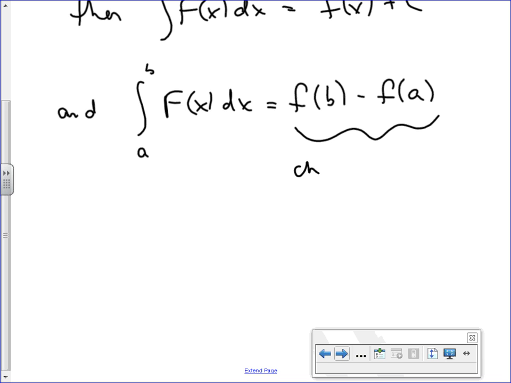This is the change in little f from a to b. And then this is the big one, this one right here.